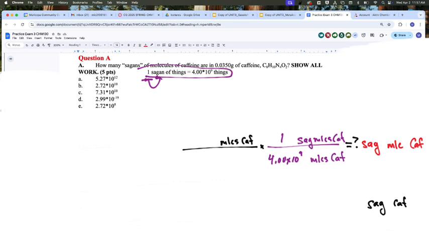What do I want to convert the molecules of caffeine to? We've got a lot of different options. I heard one option, we'll go with that one first. Grams of caffeine. Can I relate molecules to grams? How big is a molecule? Really, really, really tiny, which means how big is the mass number going to be?